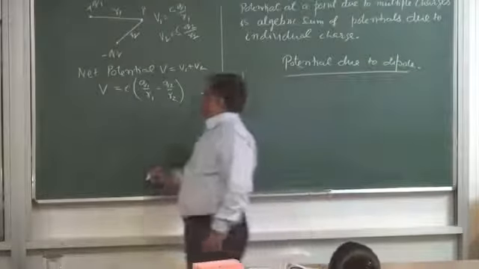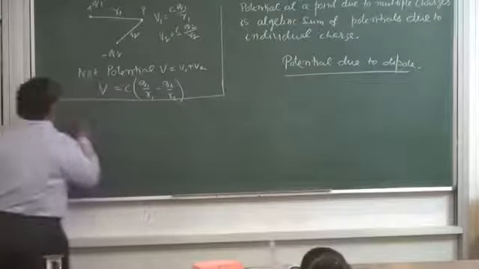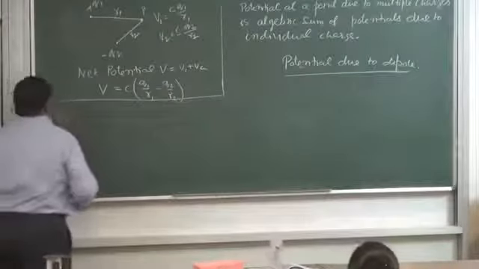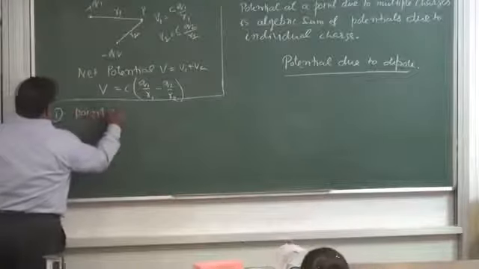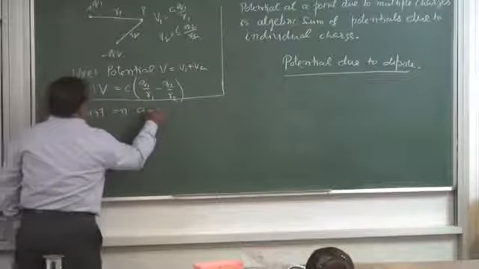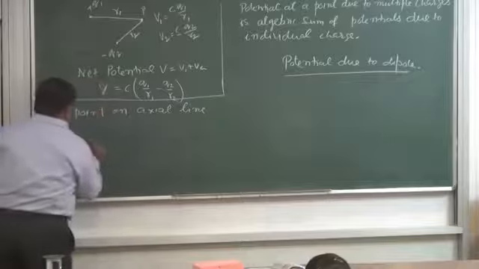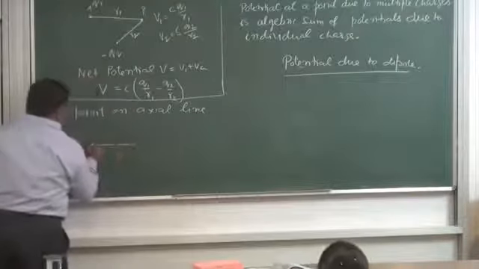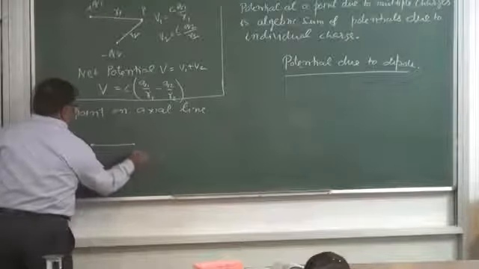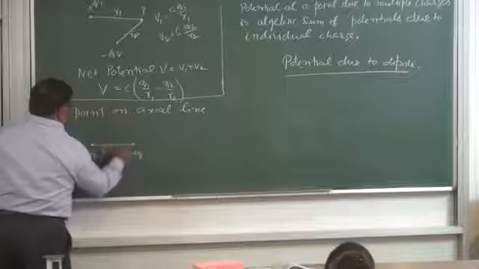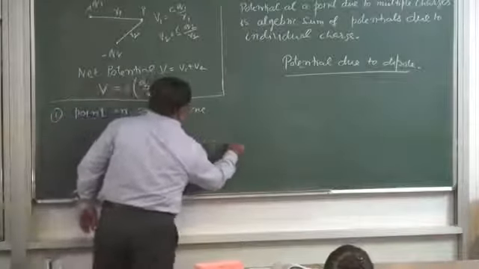We take the first position: point on axial line. It's a dipole, minus Q, plus Q. This is L, and this line is known as axial line.